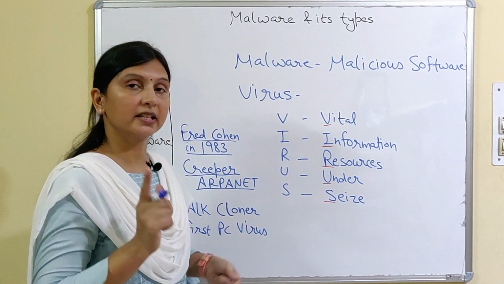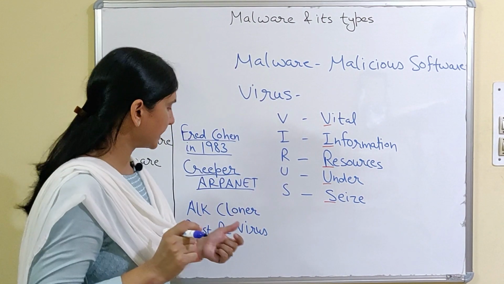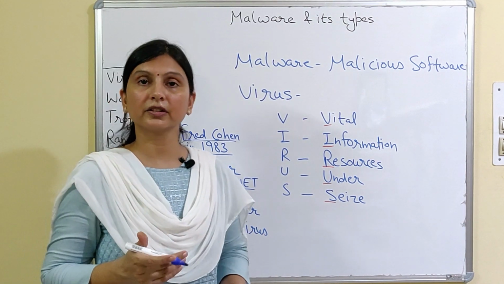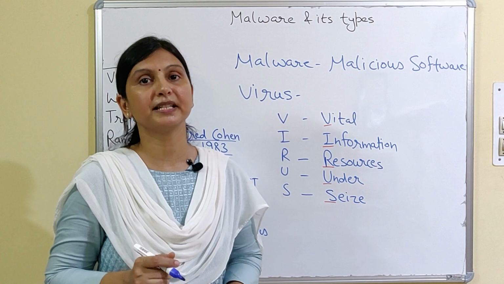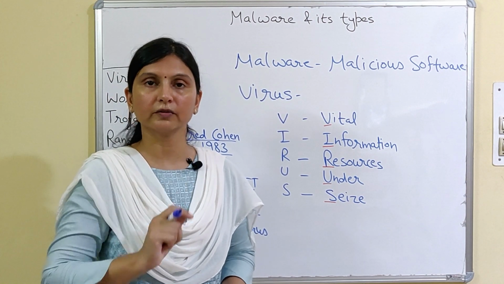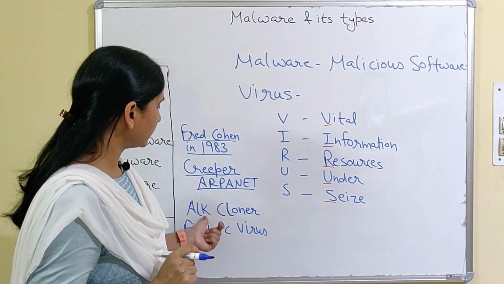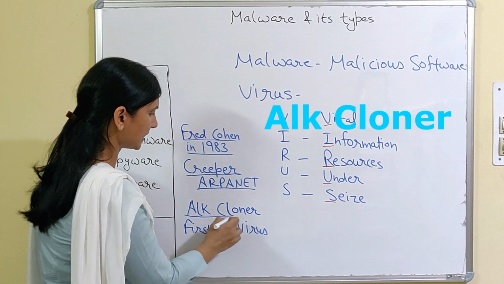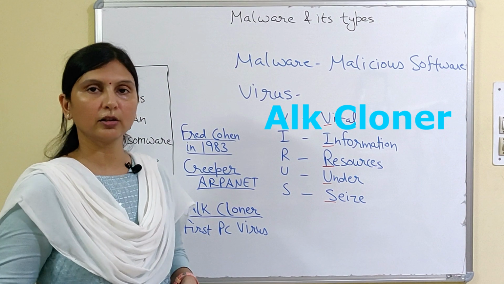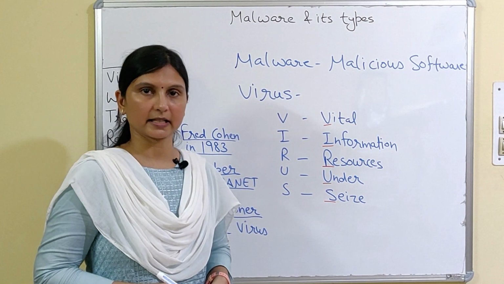Fine. Now, if the question comes, what is the first PC virus? This is the first network virus. And if the question is the first PC virus, meaning what was the first virus which spread in a PC, we are talking about one single PC, then the answer is Elk Cloner.